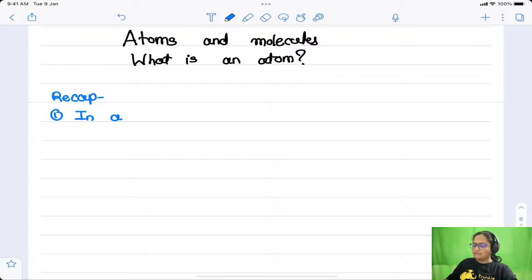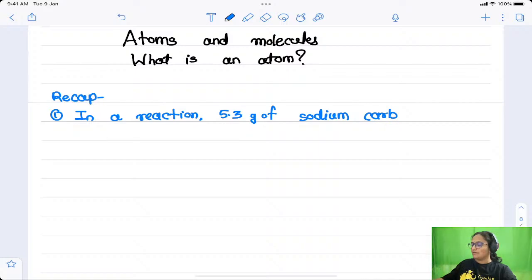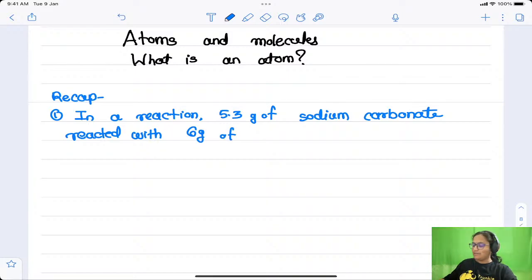In a reaction, 5.3 gram of sodium carbonate reacted with 6 gram of ethanoic acid.